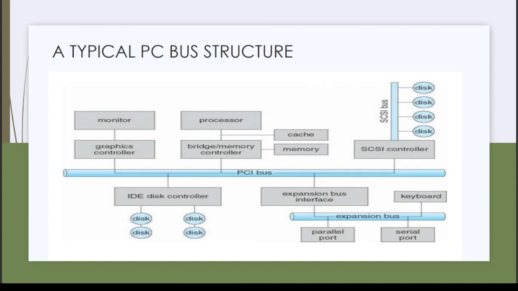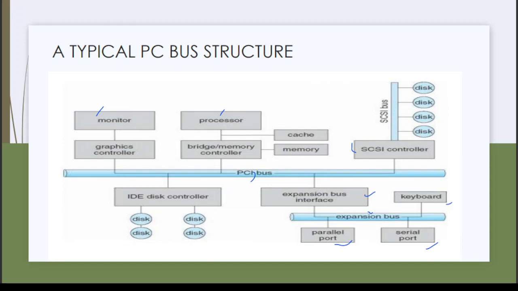So here is a typical PC bus structure. Here we have IDE disk controllers, output device, processor, PCI bus, peripheral control interface bus to interface various devices to each other. We have the SCSI controller, small computer system interface bus, keyboard input device, serial ports, parallel ports, and expansion bus to connect various other devices, with an expansion bus interface to interface the expansion bus with the PCI bus.